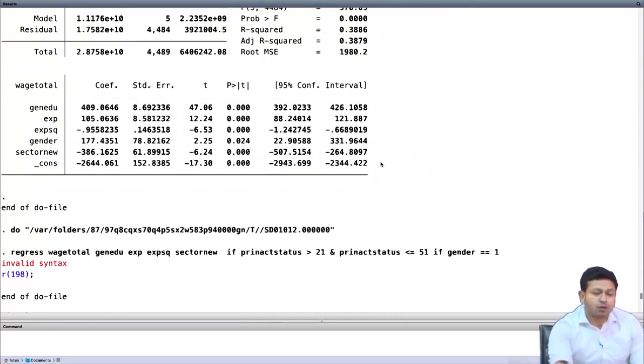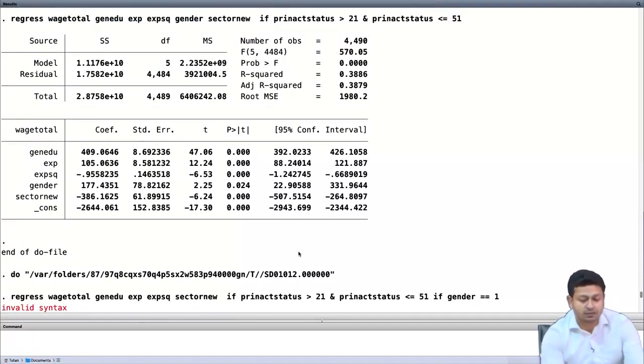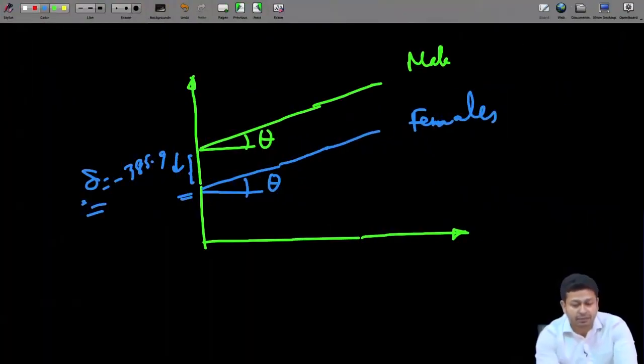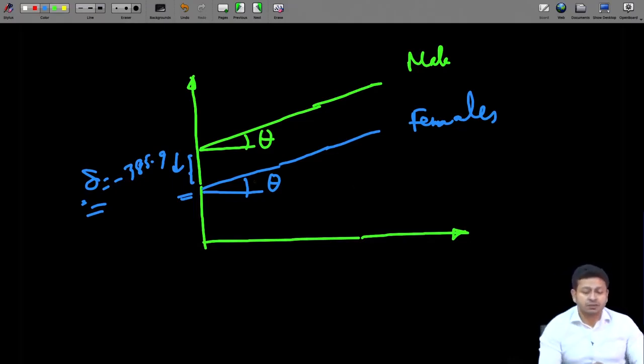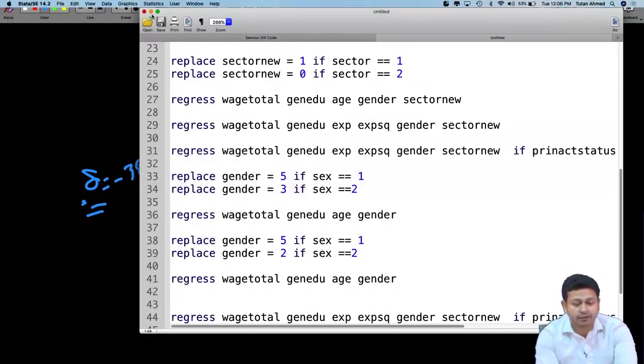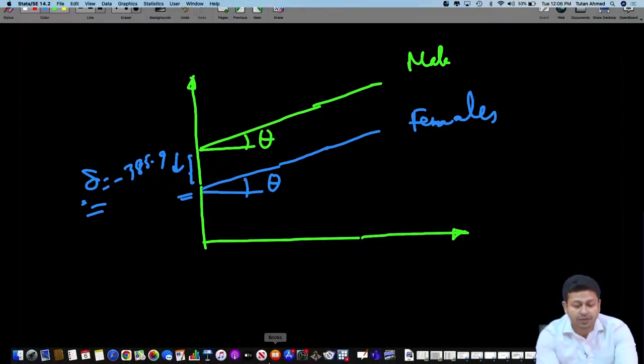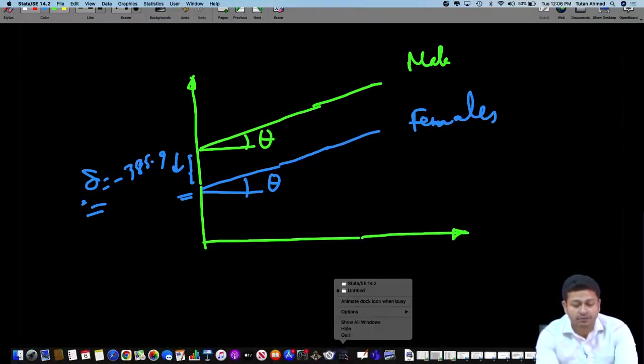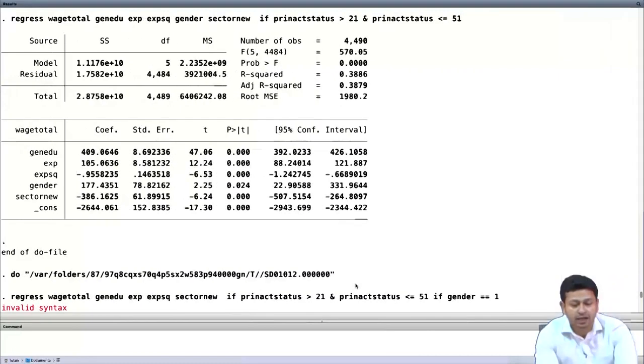Now, what you have seen previously is that when we explained the intercept dummy, we explained that the slopes are going to be the same, right? And if the slopes are the same, then the coefficients for the other explanatory variables have to be the same. Otherwise, the slopes are not going to be the same.